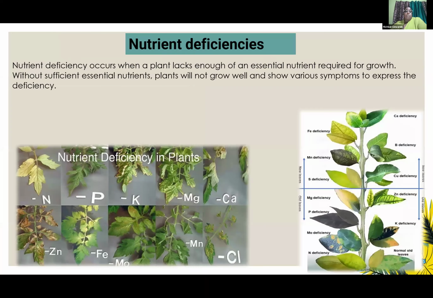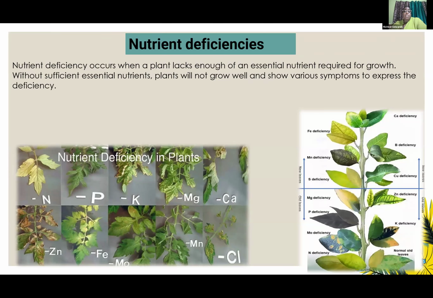Right? So, nutrient deficiencies. When plants lack the essential nutrients required for growth, the plant will not grow well. So if it's lacking nitrogen, you can actually see it, the plant would be yellow.